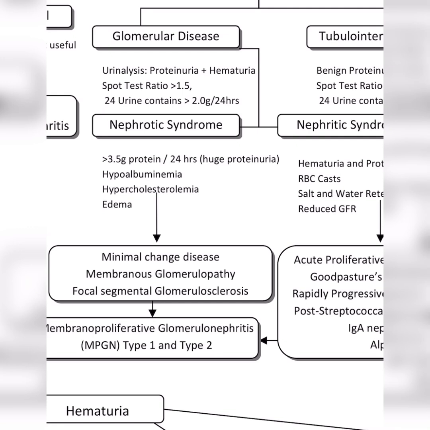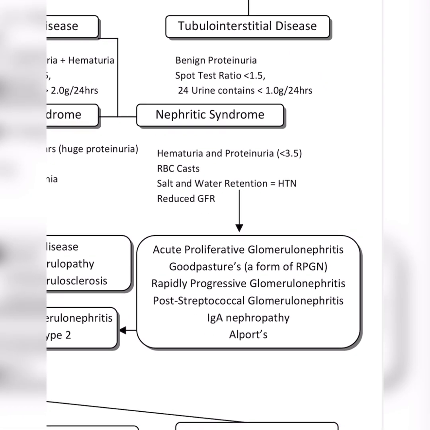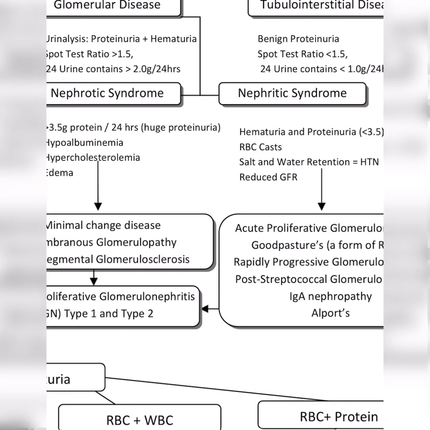So urine analysis will show you proteinuria and hematuria. Spot test ratio will be more than 1.5, and the 24-hour urine contains more than 2 grams of protein, while in case of tubulointerstitial disease, the benign proteinuria spot test ratio will be less than 1.5, and 24-hour urine contains less than 1.0 gram of protein per 24 hours.